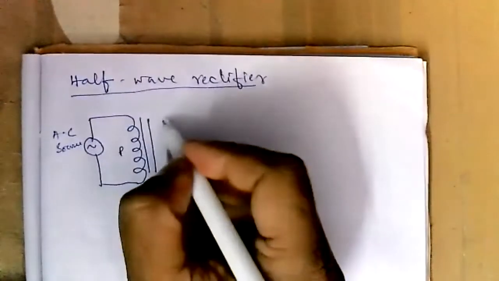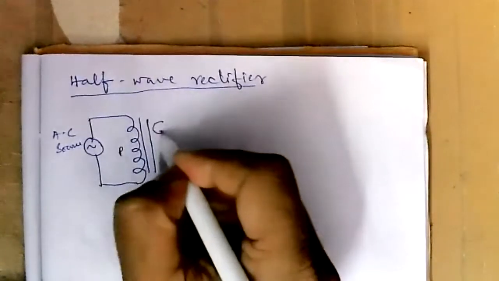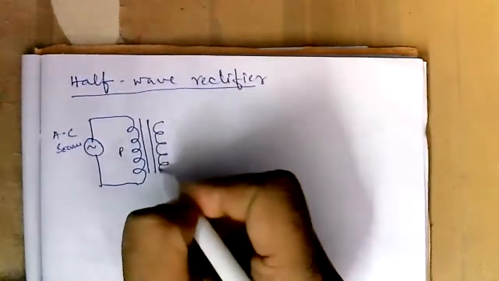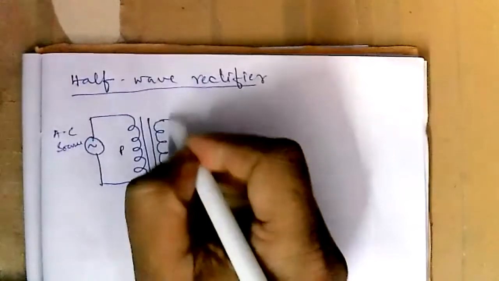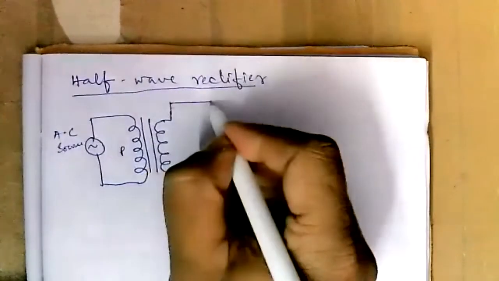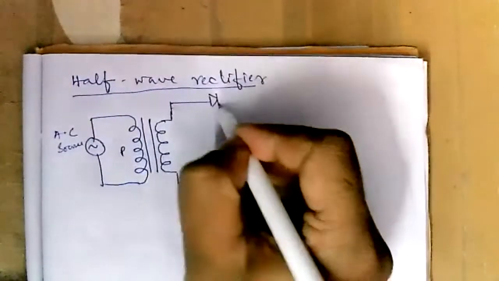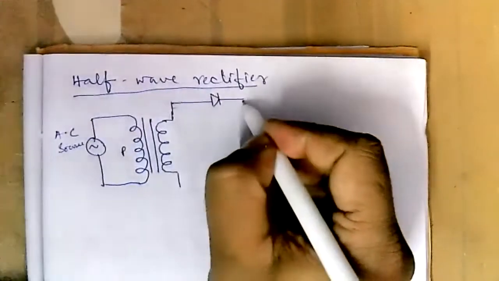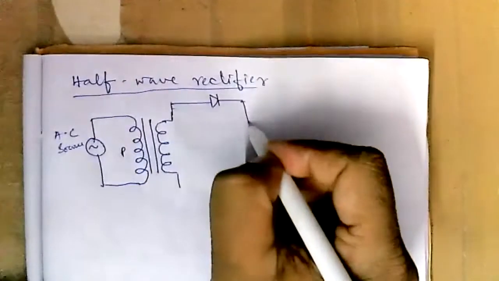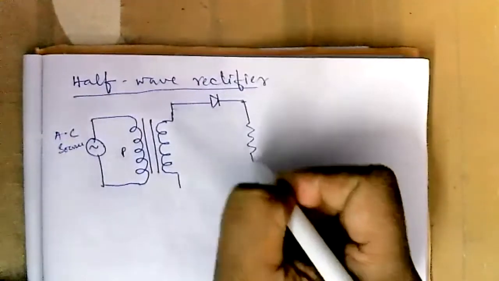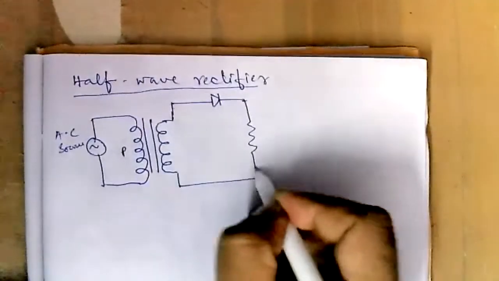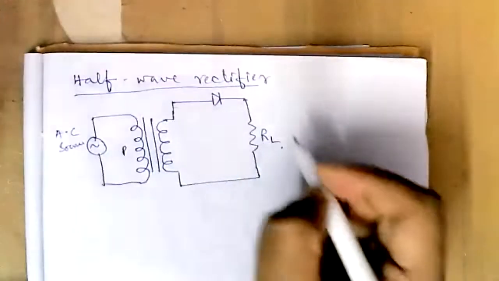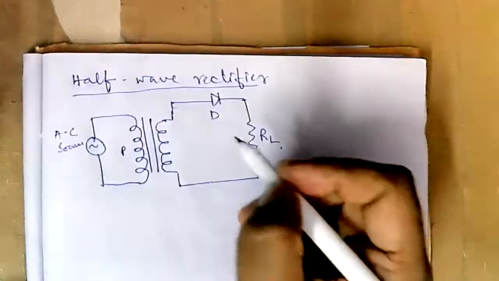This is the primary of the transformer. This is the secondary of the transformer. Now here we will connect one diode, and here the load resistance, RL. This is diode D.